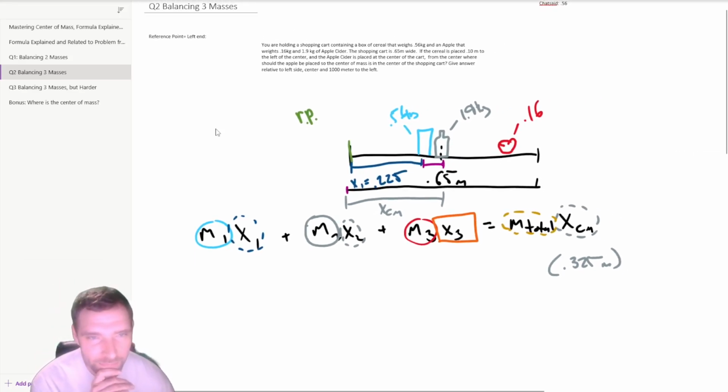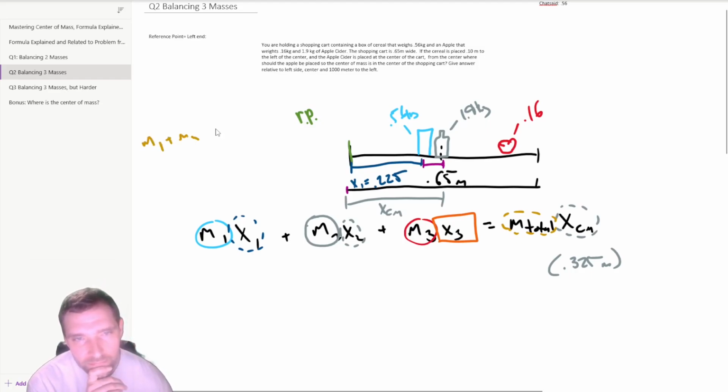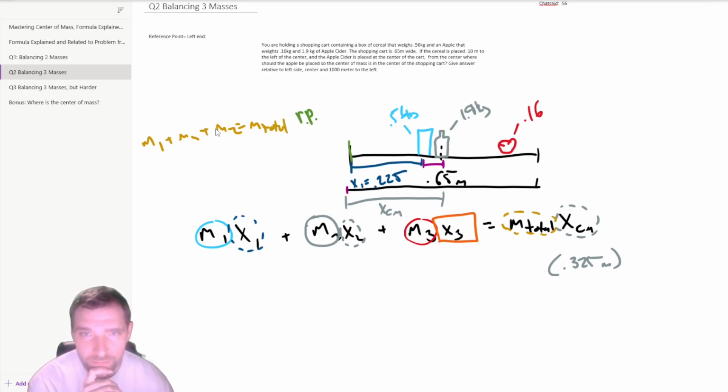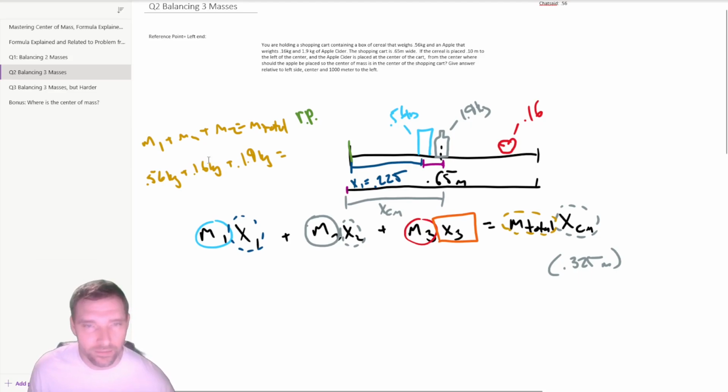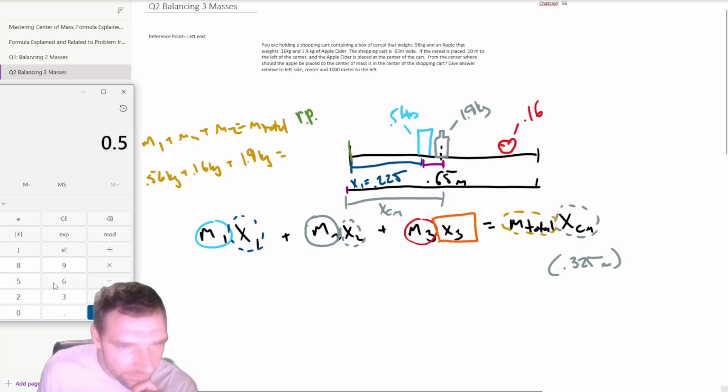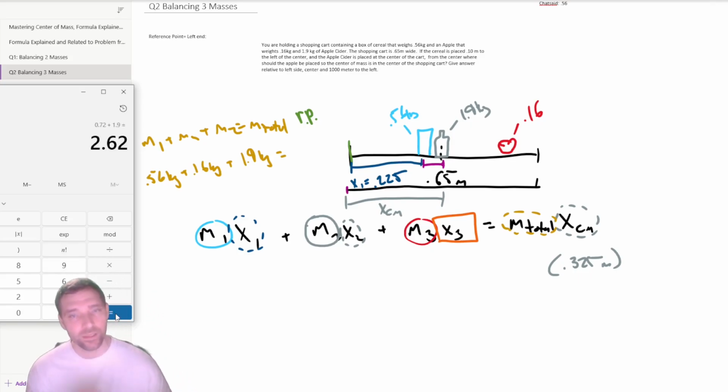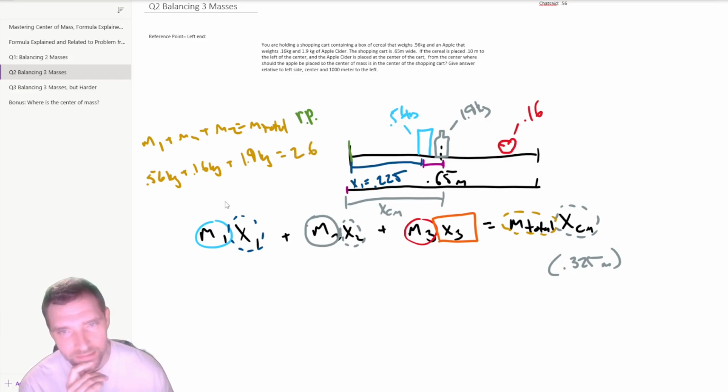You just add up your different masses: 0.56 kilograms plus 0.16 kilograms plus 1.9 kilograms. 0.56 plus 0.16 plus 1.9. Okay, so our total mass is going to be 2.62.